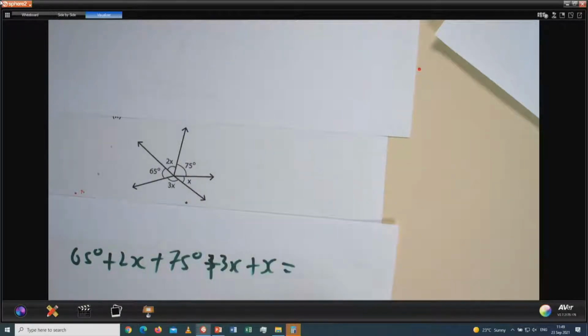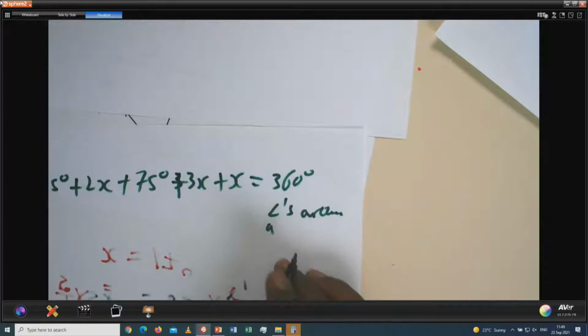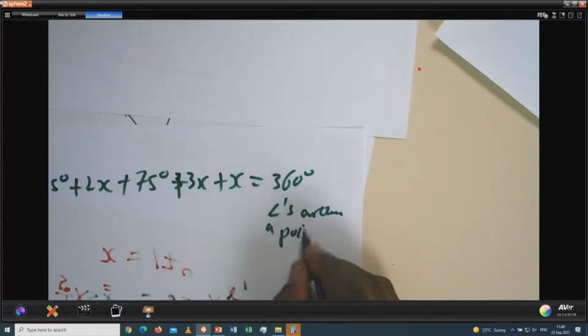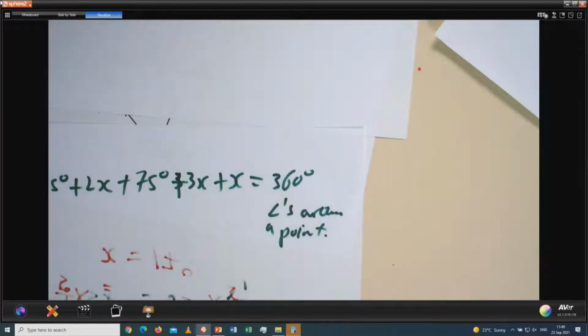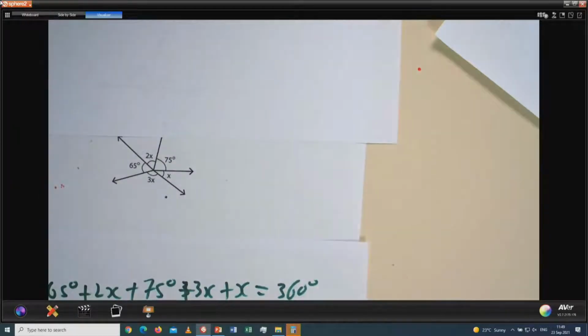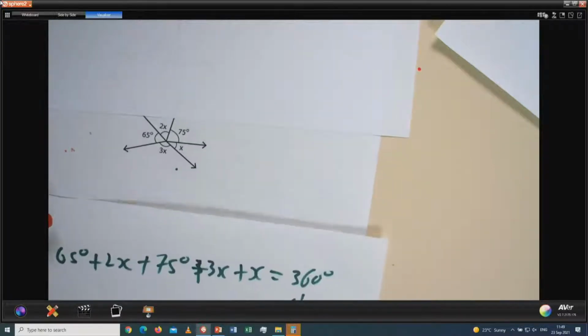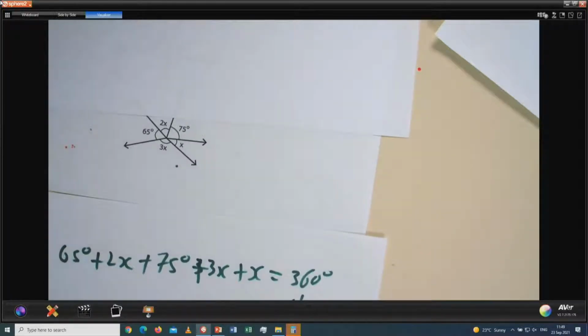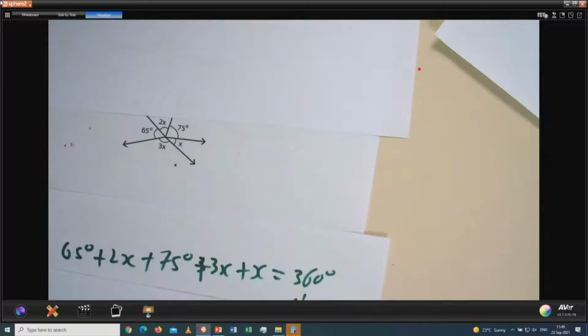What are they all equal to? 360, angles around a point. There are angles that we found around that point, 360. So for writing that mathematical statement, you will get your mark.